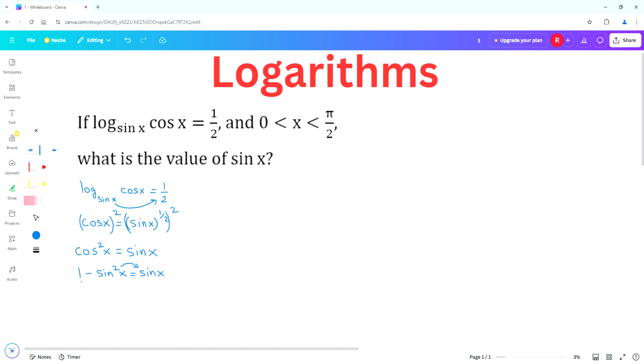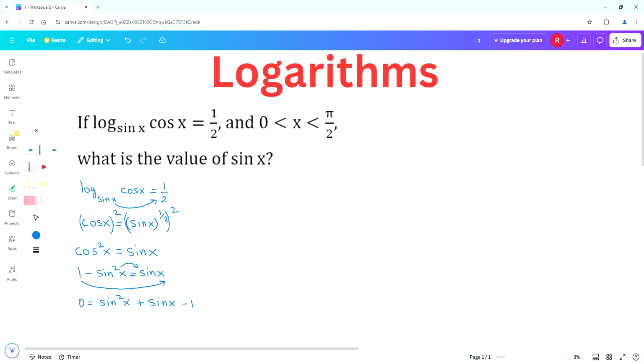Similarly, we can move 1 to the right side of the equation and it will become a negative term. So we have just a 0 on the left side of the equation. We can solve this equation to find the value of sin x.